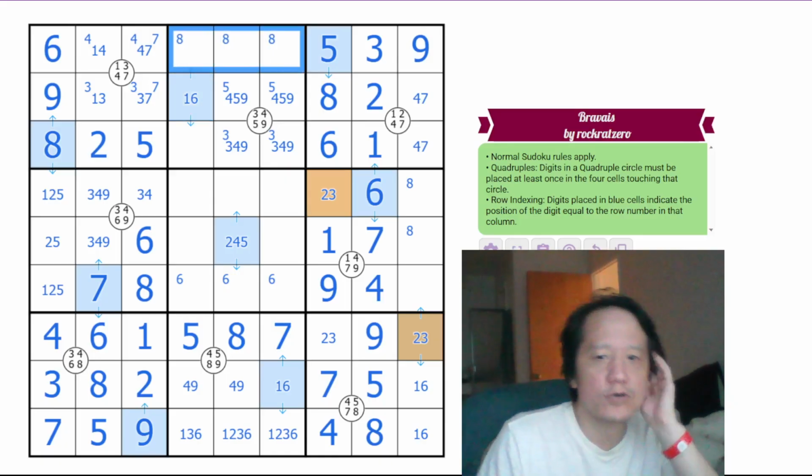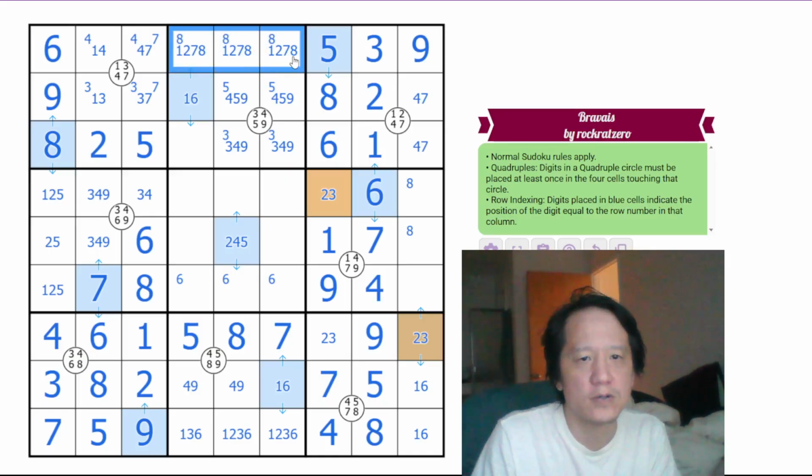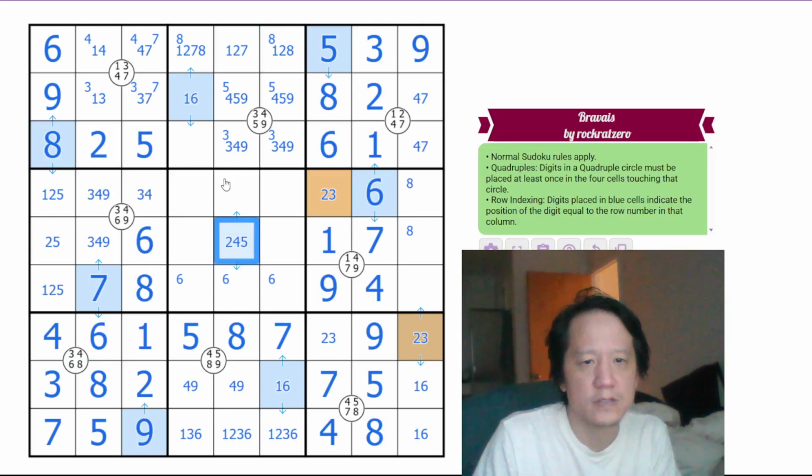Remaining digits in row 1 are 1, 2, 4, 7, 8. 4 cannot be here. This can't be 7. This can't be 8. 6 has to be one of these two digits because 6 cannot be here and 6 can't be around the quad, so this can't be 6 here.